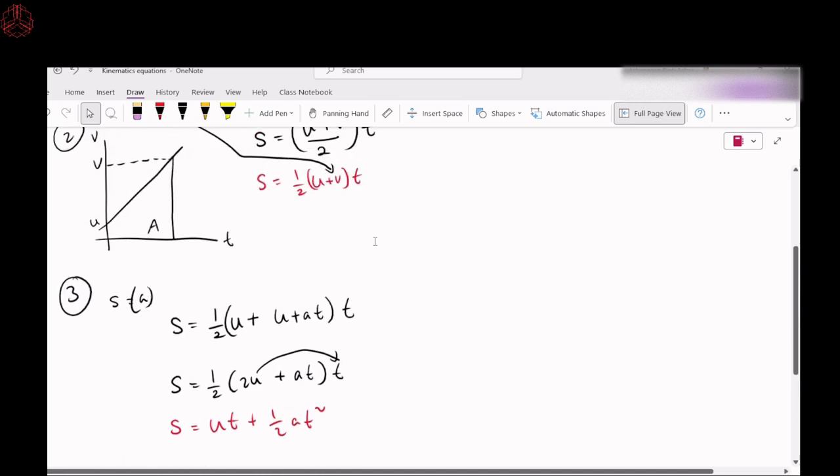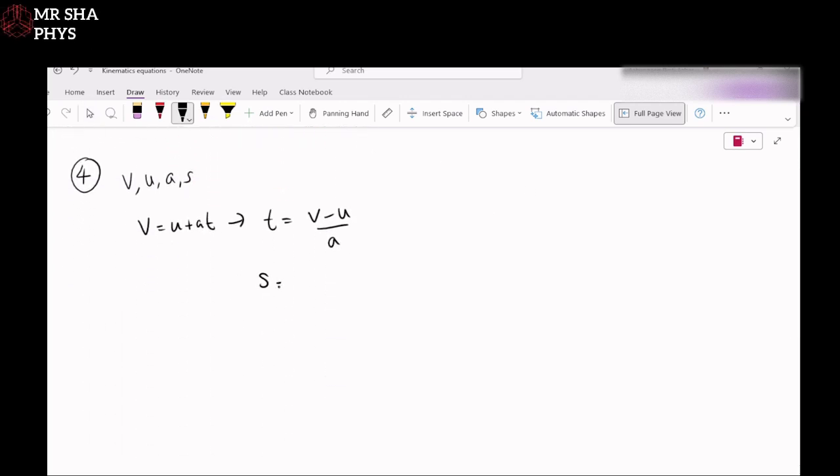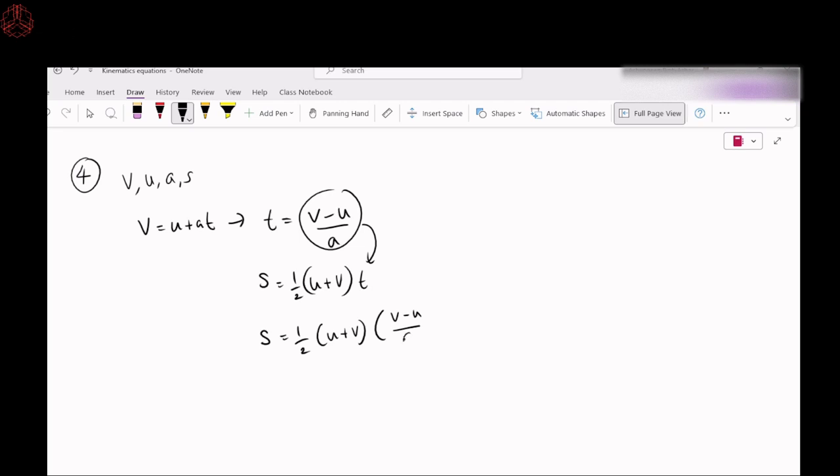Let's choose s equals half u plus v times t. I'm going to shove it in here, and what I'm left with is s equals half u plus v times v minus u over a.